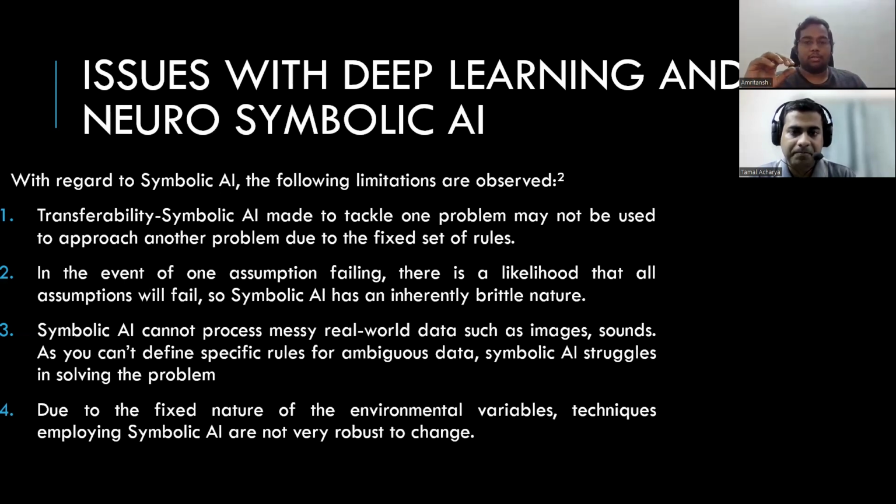Yeah, with transferability, we can solve with symbolic AI. We could tackle one problem, but we may not be able to approach another problem due to a fixed set of rules, and this is a big problem. If you had just a symbolic system, it won't work. But if we could merge this with a neural network, because symbolic AI would not work very well with messy data such as images and sounds, right?